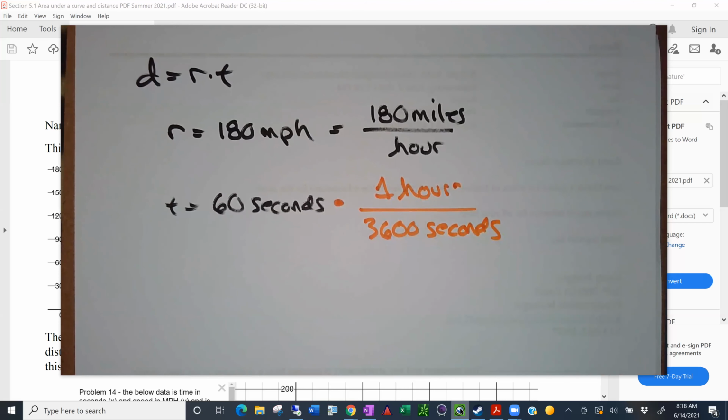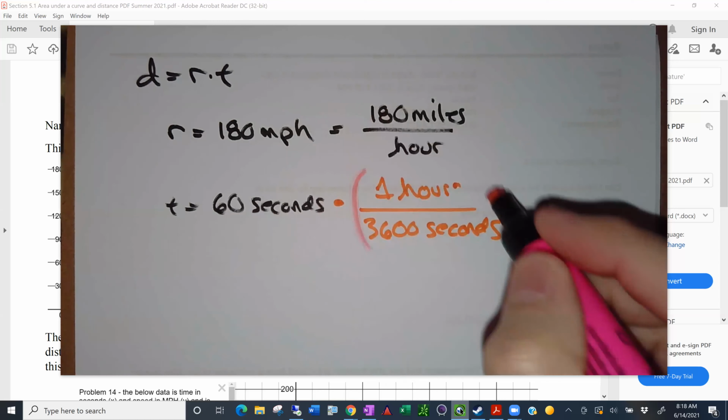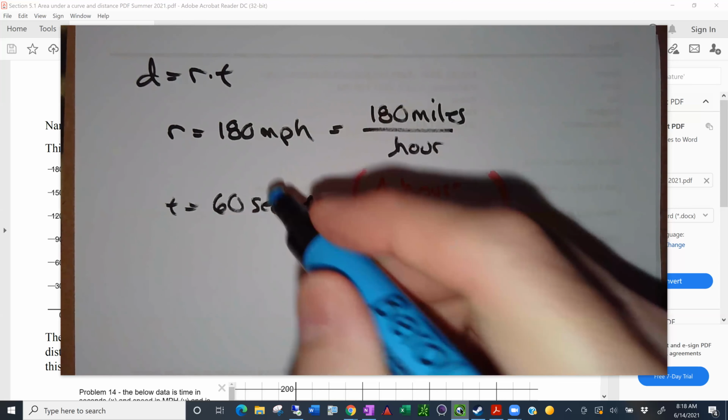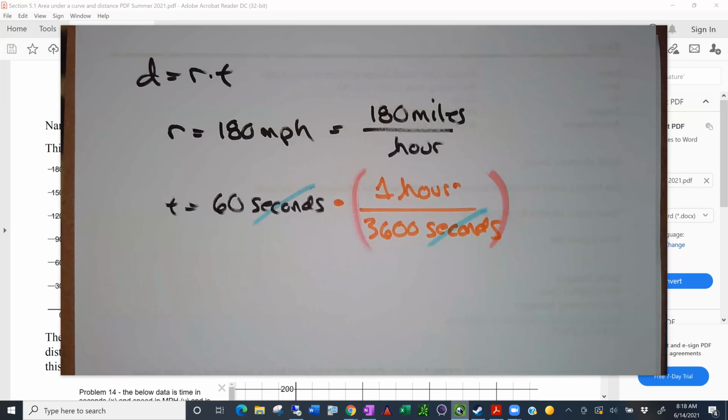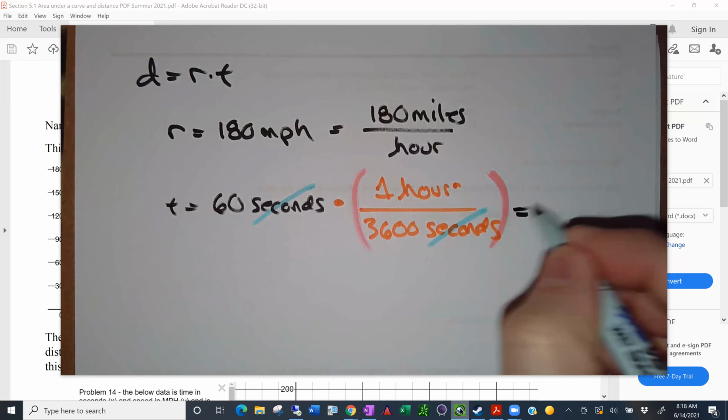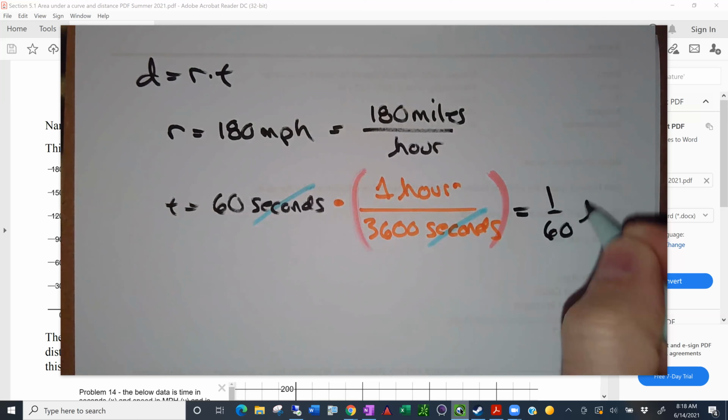And the nice thing about this is that by multiplying effectively by 1 here, this ratio is just a fancy name for 1. And multiplying by 1 like that, the units that I want to get rid of disappear, seconds, and I'm left with 60 over 60, or basically 1/60th of an hour, which makes sense.